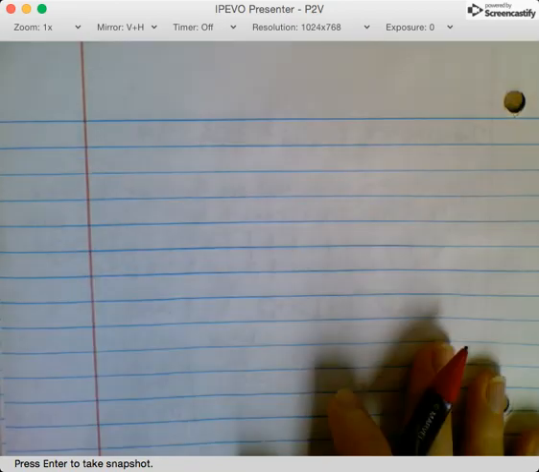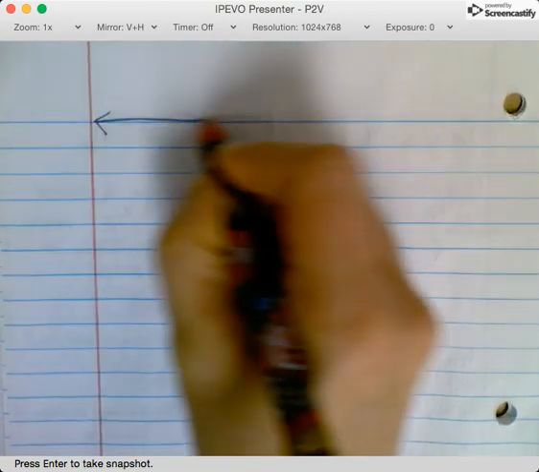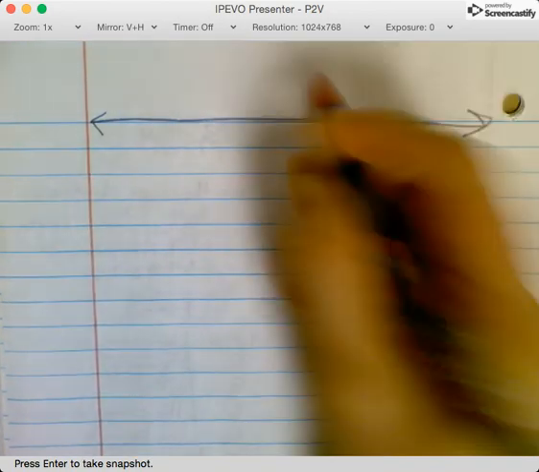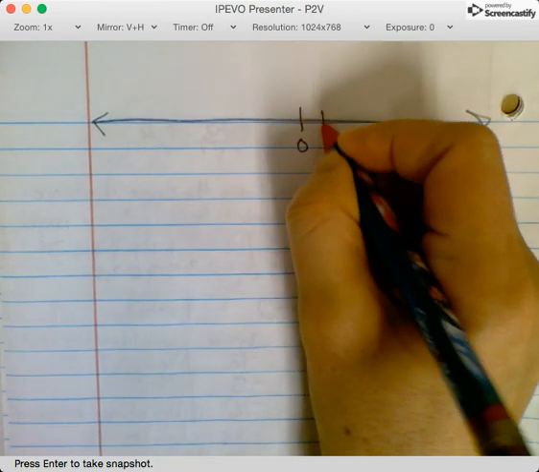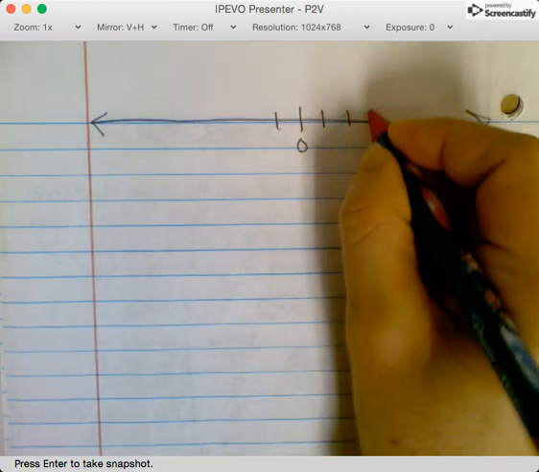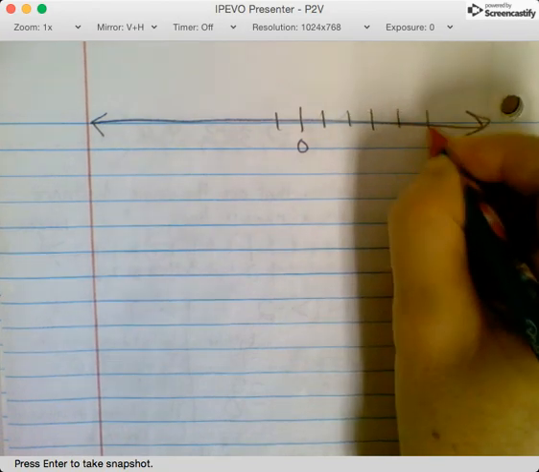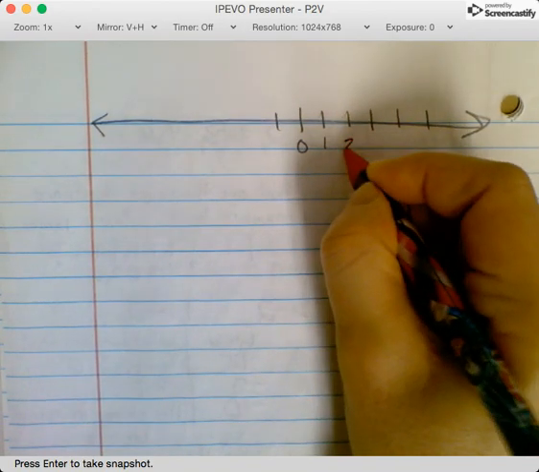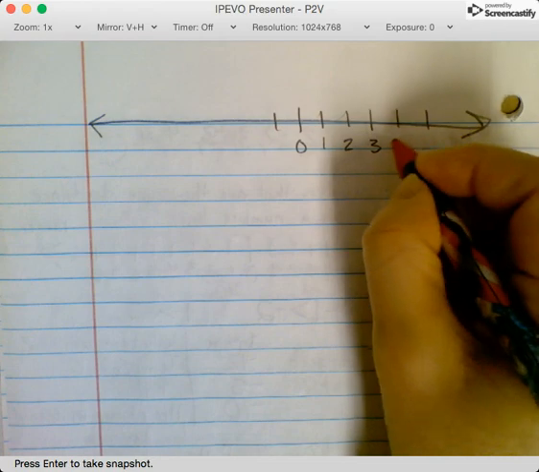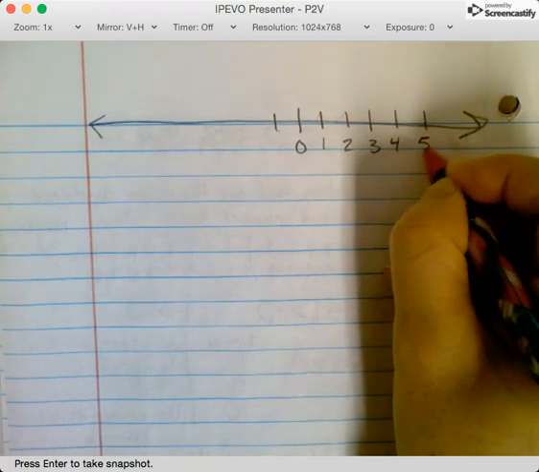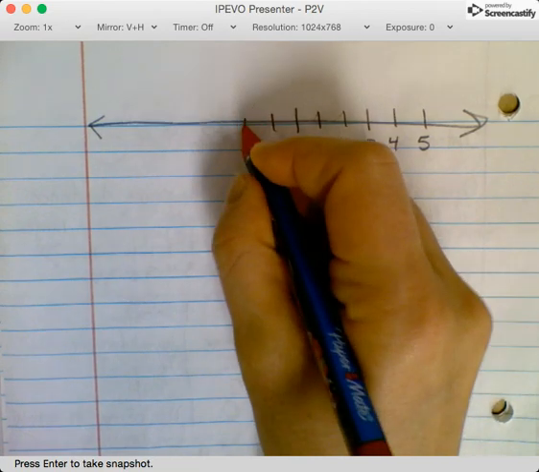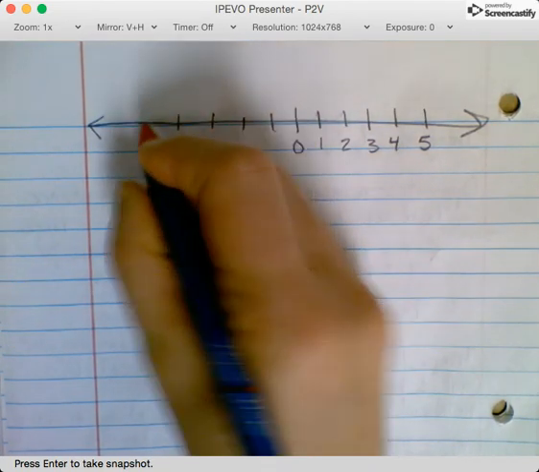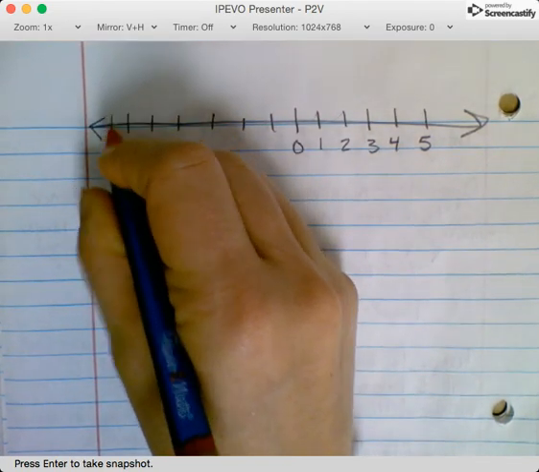So if you remember positive and negative numbers, if I do a number line, positive numbers increase going to the right on a number line. Negative numbers go in the opposite direction on a number line.